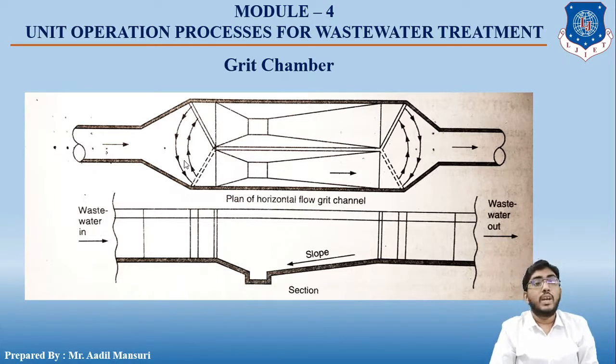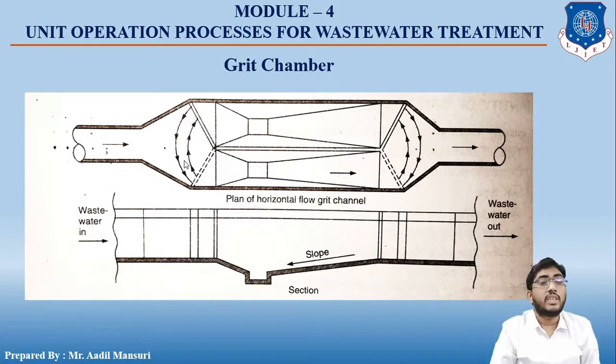Okay, so it is actually not putrescible and it possesses higher subsidence value than other organic matter. It is therefore possible to remove these grits from the wastewater easily by reducing the velocity of the wastewater in a long channel which is known as the grit chamber.